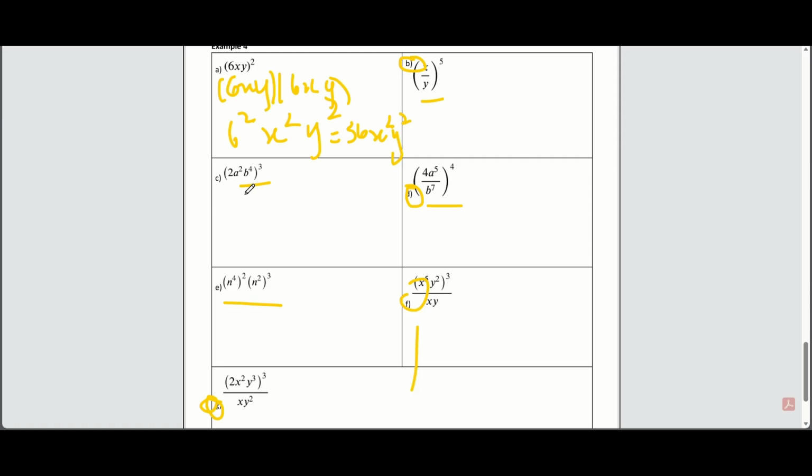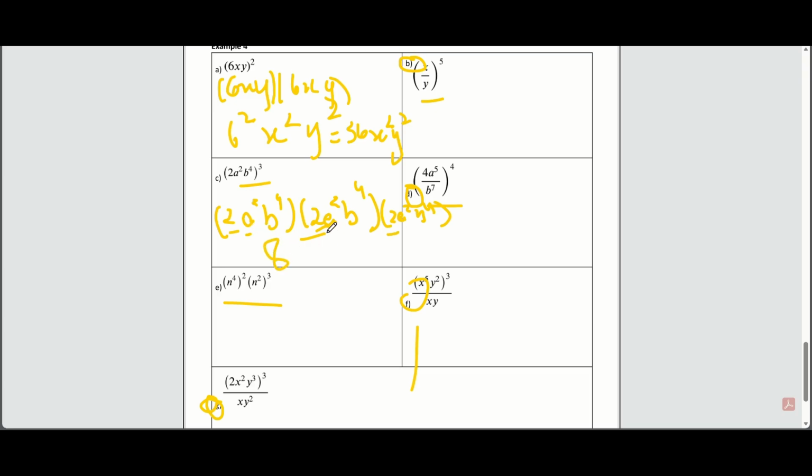Okay? So we have this, and now we're going to do 2A squared B to the power of 4, multiplied by itself 3 times. So 2 times 2 times 2 gives us 8.